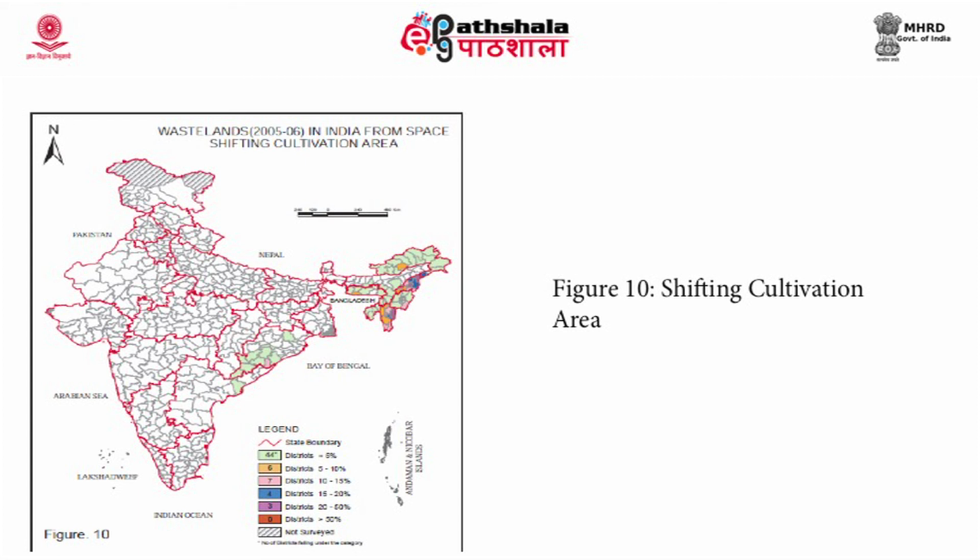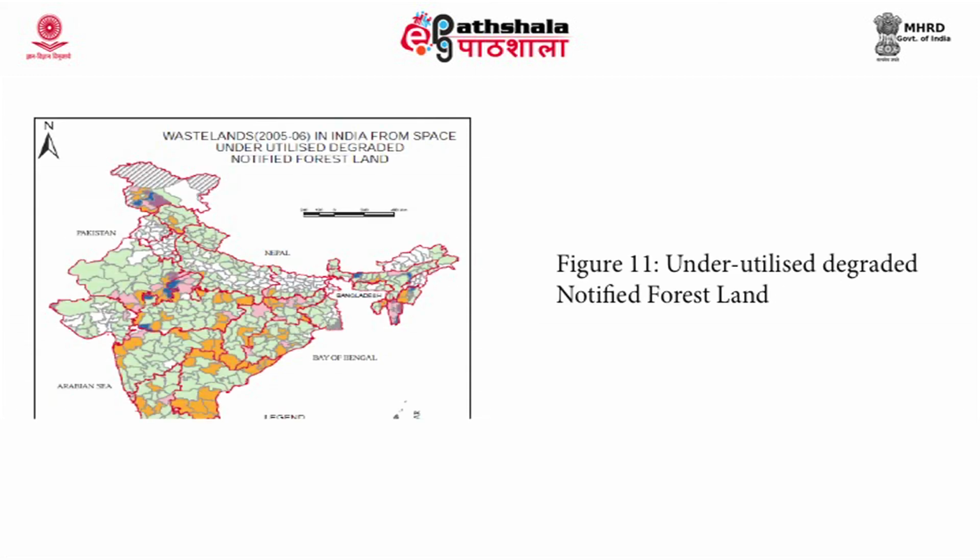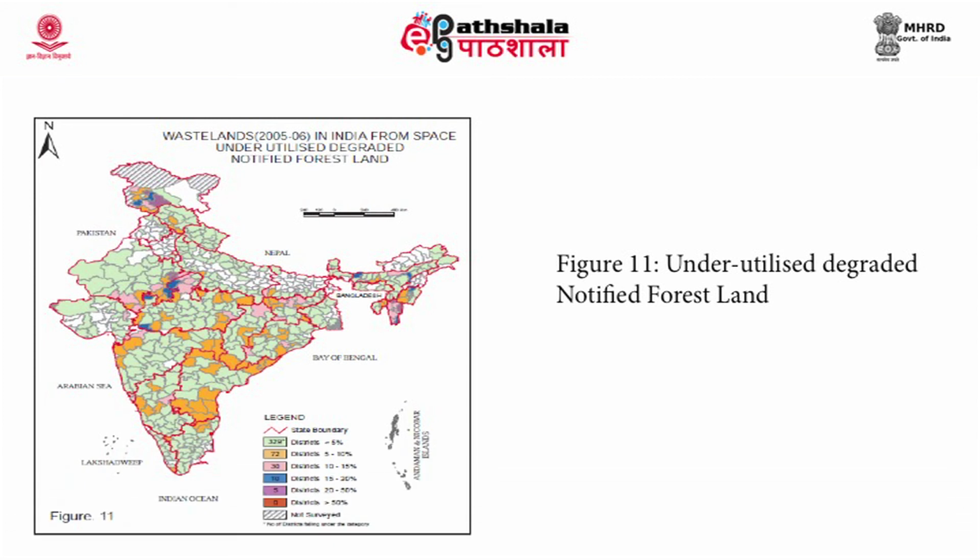The wasteland map showing underutilized, degraded, notified or forest land includes 329 districts with wasteland area that is less than 5%, 72 districts between 5 to 10%, 30 districts between 10 to 15%, 10 districts between 15 to 20% and 5 districts between 20 to 50%.